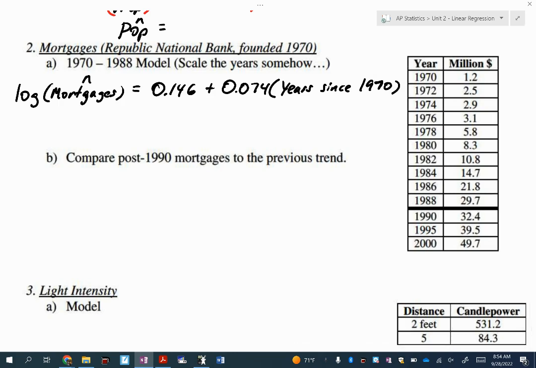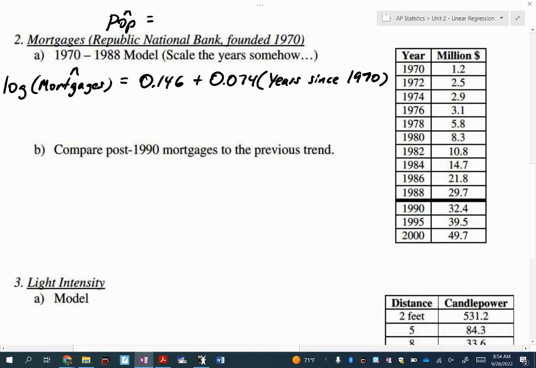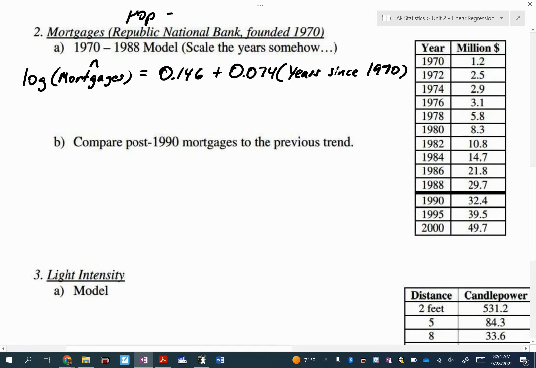So let's just pick the 1990 because we actually have, I guess we could go ahead and do all 3, but I'm going to show you the work for 1990 and then I'll just do my own work to find 95 and 2000. So I'm going to find the log of mortgages hat equals 0.146 plus 0.074 times, and 1990 is 20 years since 1970.